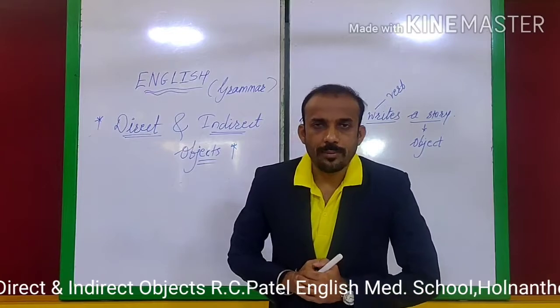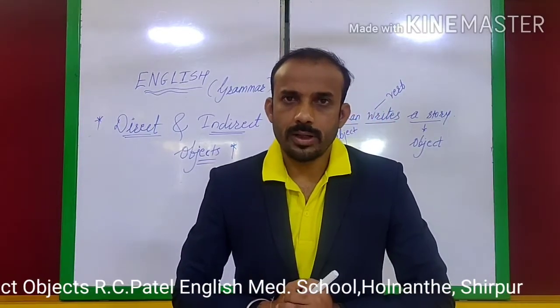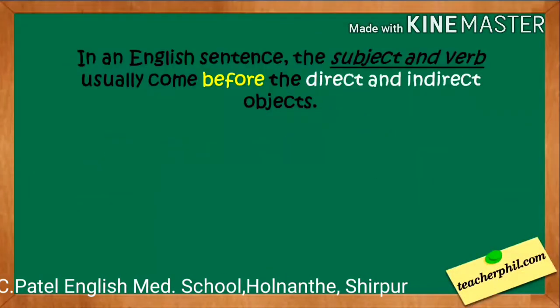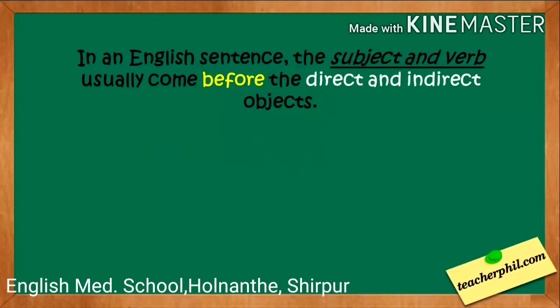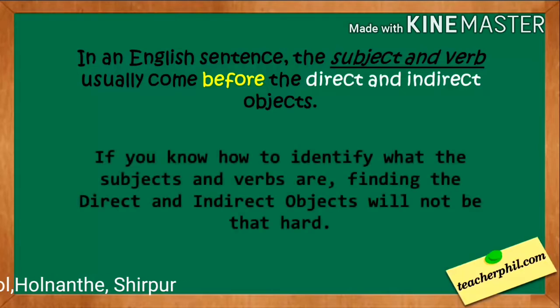Here I am going to explain today's topic with the help of this PowerPoint presentation. Direct and indirect object. In an English sentence, the subject and verb usually come before the direct and indirect objects.